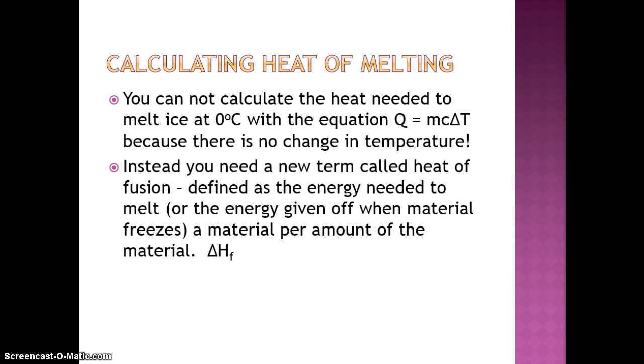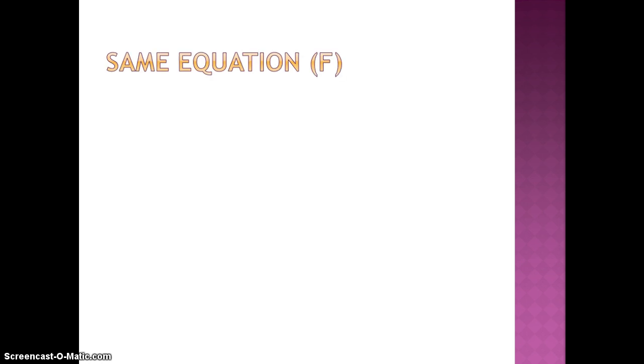So instead, I need a heat of fusion, similar to heat of vaporization, and it's defined as the energy needed to melt or the energy given off when it freezes, same amount but opposite direction. That is given the symbol triangle delta H of fusion. And for water, the heat of fusion is 335 joules per gram. So I'm going to use the same equation as I did for boiling, except it has a little subscript f for delta H subscript f.